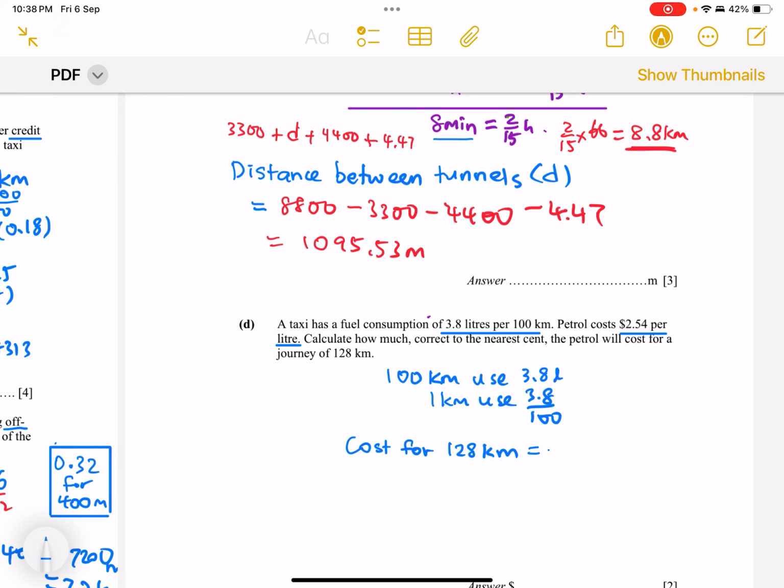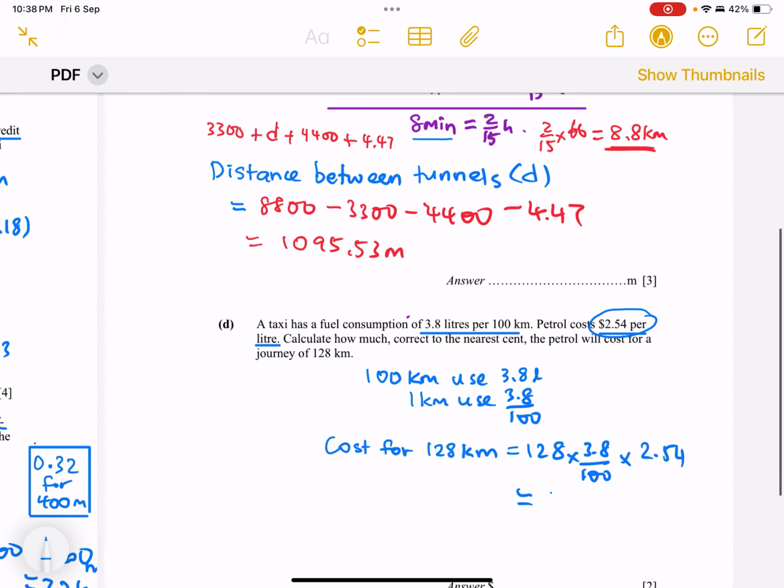So for 128 kilometers will be 128 multiplied by this, and then the cost is 254 per liter, so we multiply by 254. Okay, that gives us $12.35.